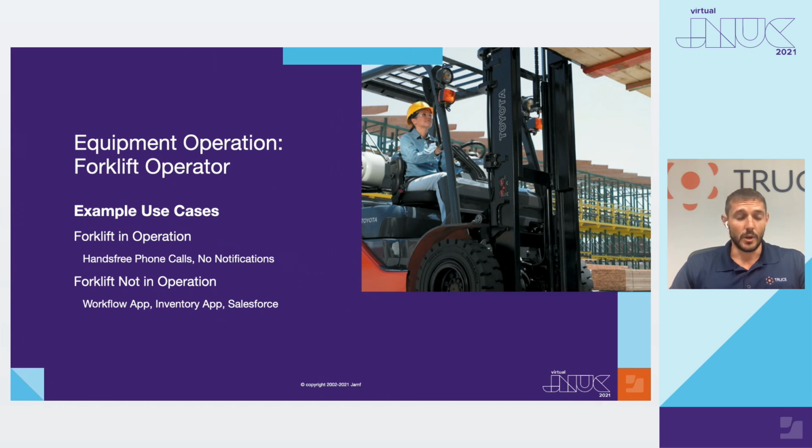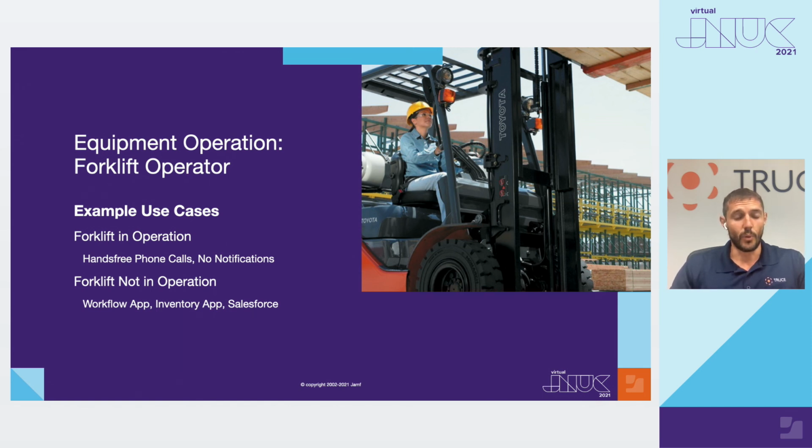Equipment operation, this could be a forklift, it could be a bulldozer, crane, whatever it is that your users are using. We can change policy based off of the fact that that piece of equipment is operational, or if that piece of equipment is not operational. Obviously, if the user's just walking through the yard and they happen to get near a forklift that is just sitting there, then nothing should change with their policy, right?